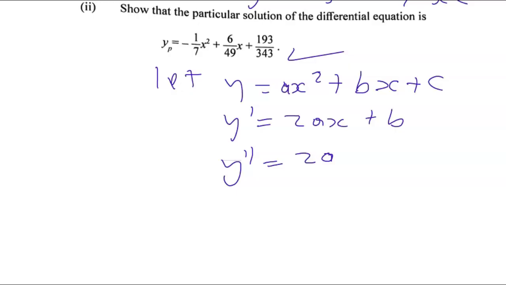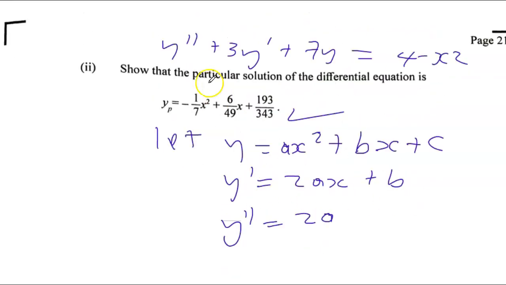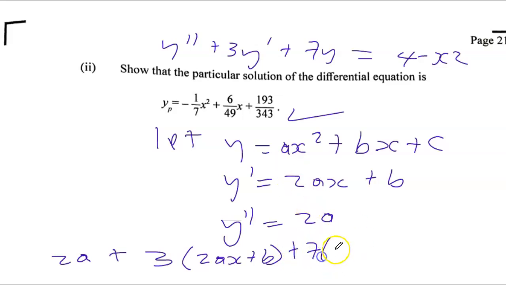The second derivative was 2a, plus 3 times the first derivative, 2ax plus b, plus 7 times y, so 7 times ax squared plus bx plus c, equal to the right hand side, which is 4 minus x squared.